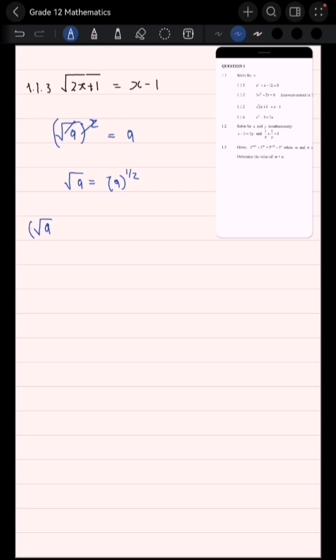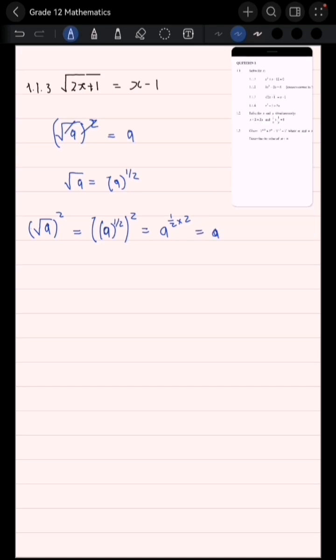When we have square root of a number a to the power 2, we can write this as a to the power 1 over 2, to the power 2. And this becomes a to the power 1 over 2 times 2, which is a raised to the power 1. And this is simply a.